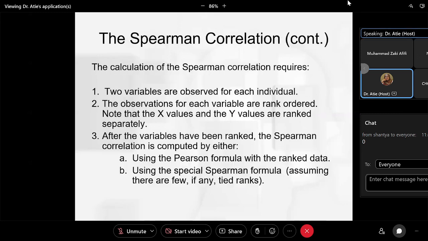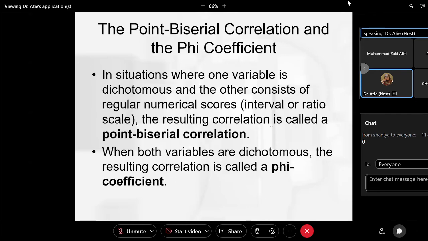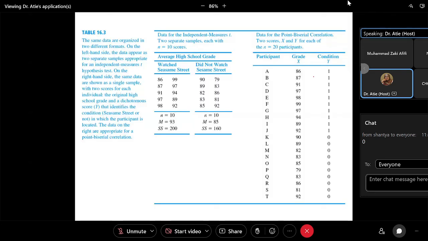For example, I have grade, but then I change it to rank. For the highest score, I will give it number one, then number two, number three, 97 is number three, then number four, and so on.